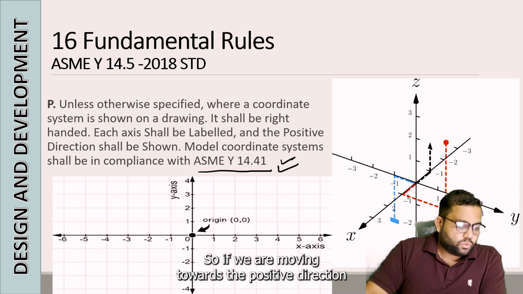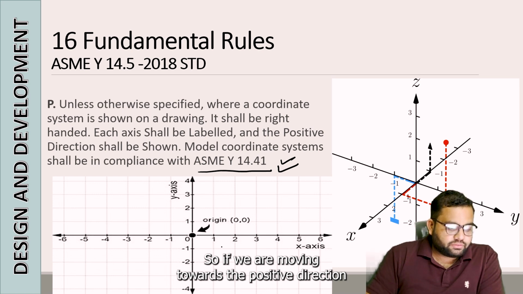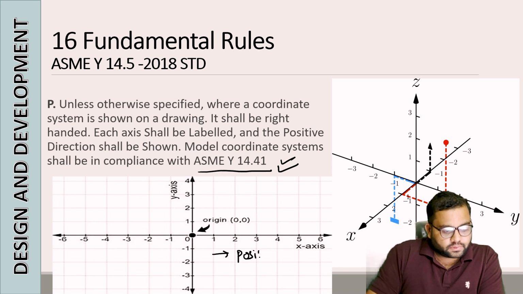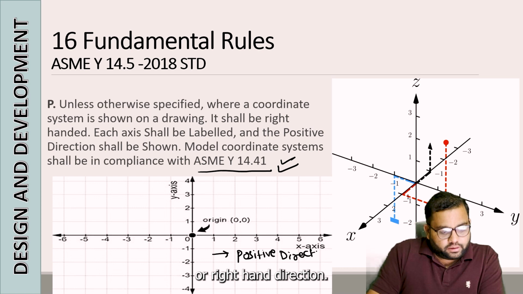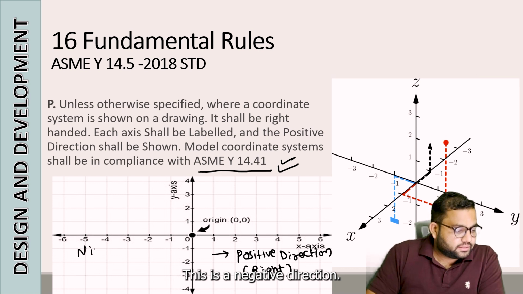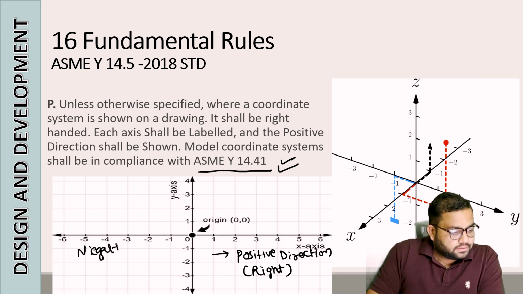If we are moving towards the positive direction, let's say this is the positive or right-handed direction. This is the negative or left-handed direction.